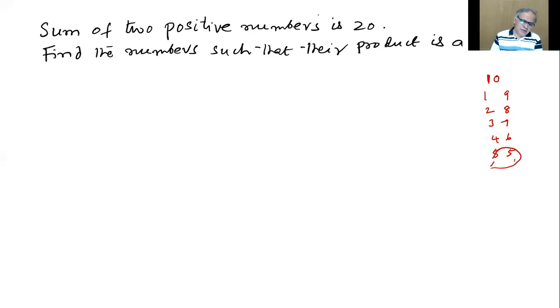Children, do you all agree? Yes, sir. So I'm actually going to a question for which answers I already know, but I'll use my maximum minima idea here. Say the numbers are x and y.